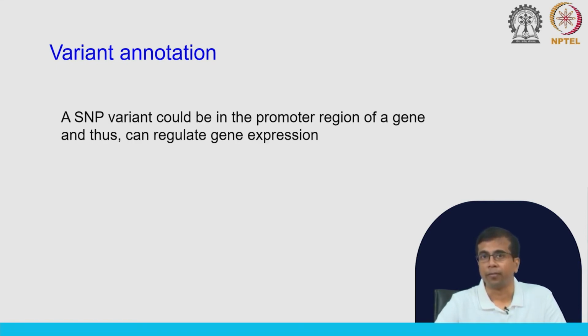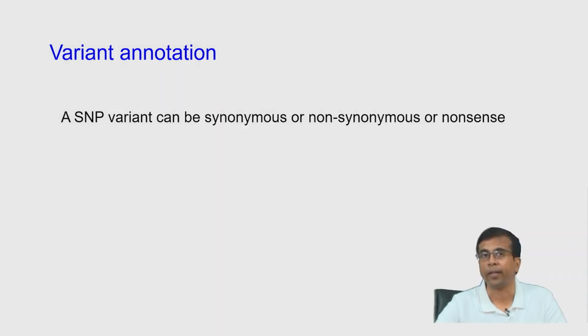So, there could be many possibilities. So, a single nucleotide polymorphism variant could be in the promoter region of a gene, and it can thus regulate gene expression. So, you can say it can affect binding of transcription factors and it can impact the expression of the downstream gene. Or a SNP variant can be synonymous, non-synonymous or nonsense.